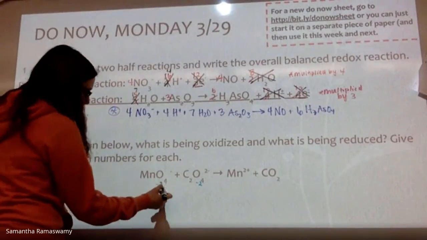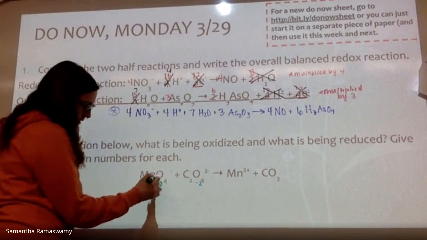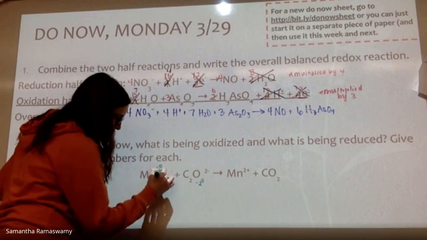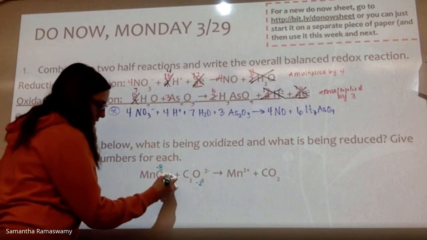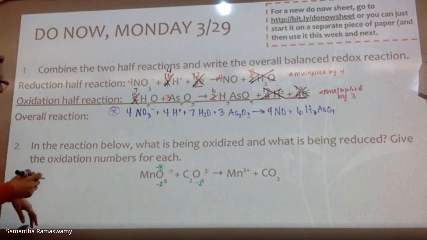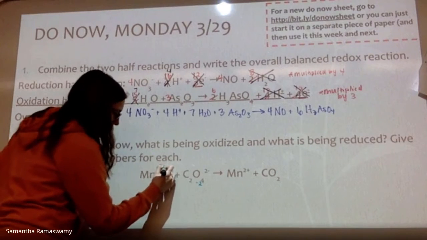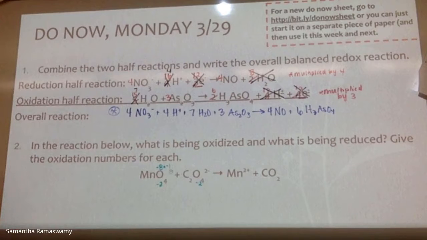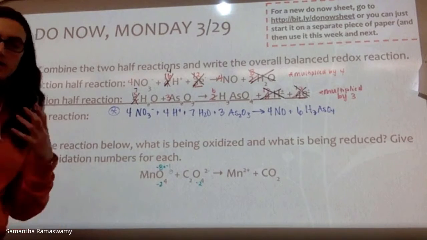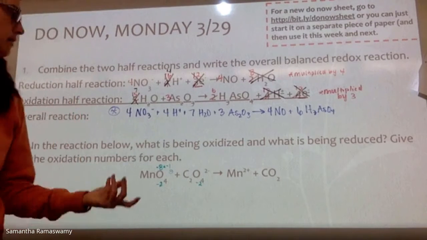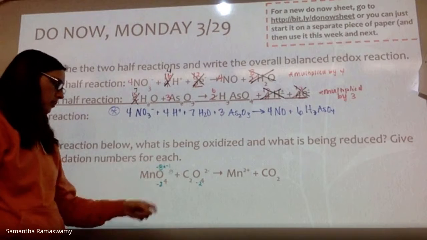So each oxygen in permanganate, MnO4-, is -2. So total, all of these O's are -8. Now notice that it's MnO4-. So what that means is all of the oxidation numbers have to add up to equal -1. So now you need to ask yourself, what do all of the manganese atoms need to be to make everything equal -1?